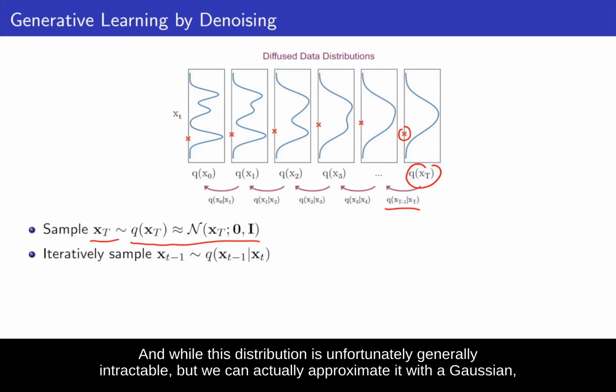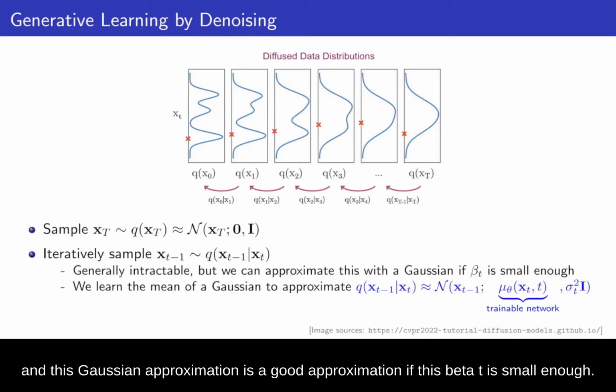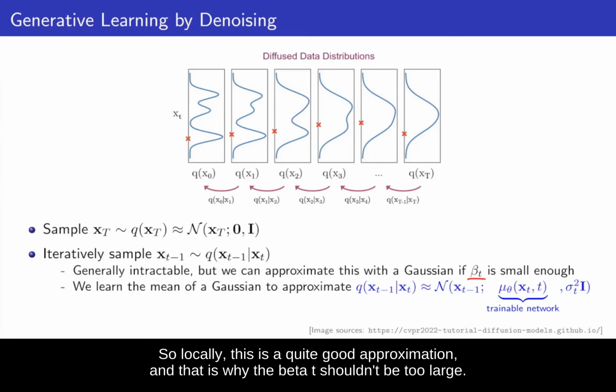This distribution is unfortunately generally intractable, but we can approximate it with a Gaussian, and this Gaussian approximation is a good approximation if this beta t is small enough. So locally, this is quite a good approximation, and that is why the beta t shouldn't be too large.